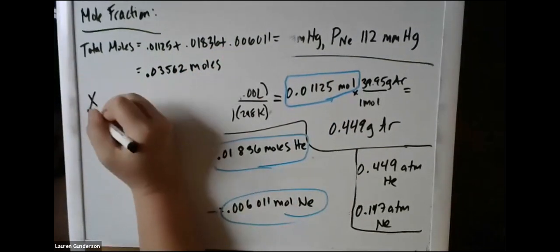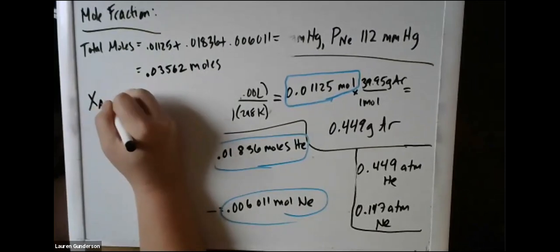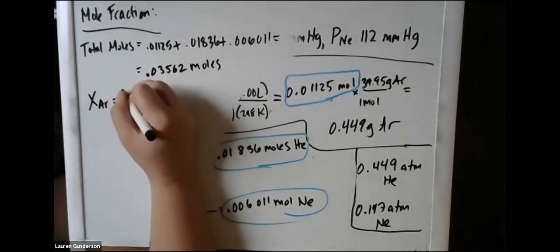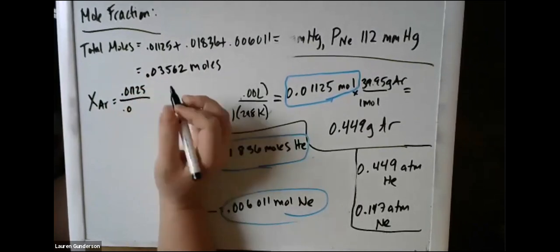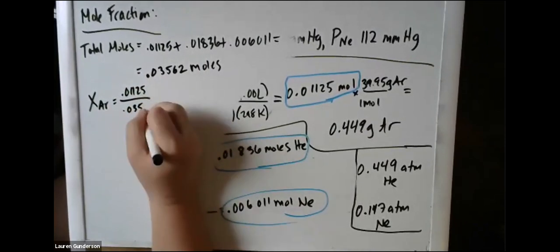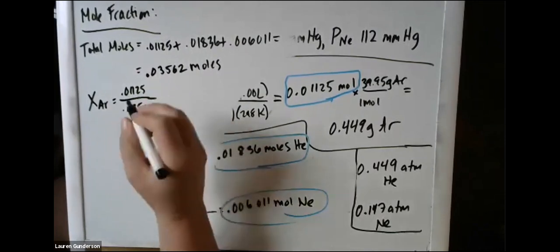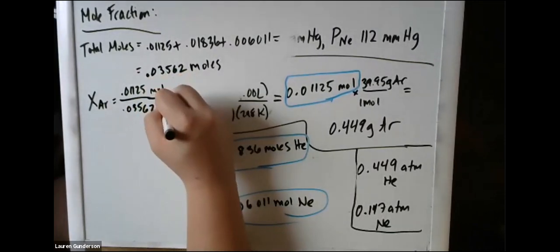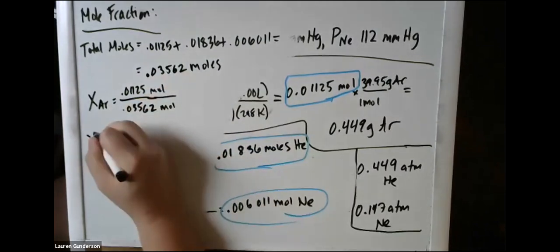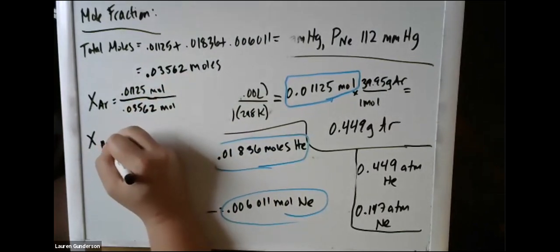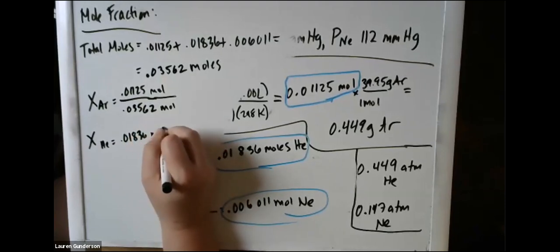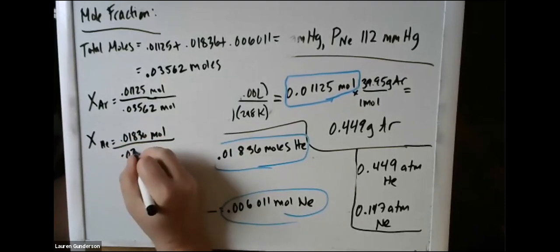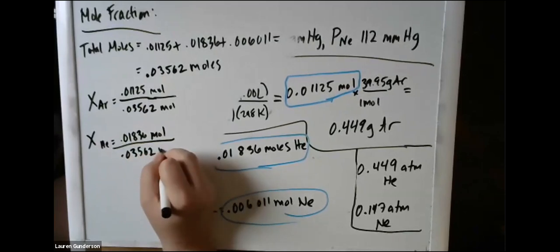So now to find the mole fraction for argon, that is 0.01125 divided by 0.03562. The mole fraction for helium will be 0.01836 over 0.03562.